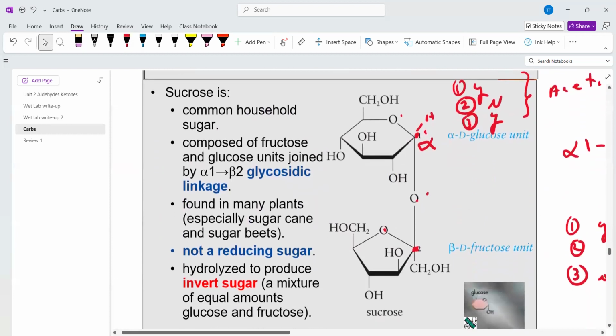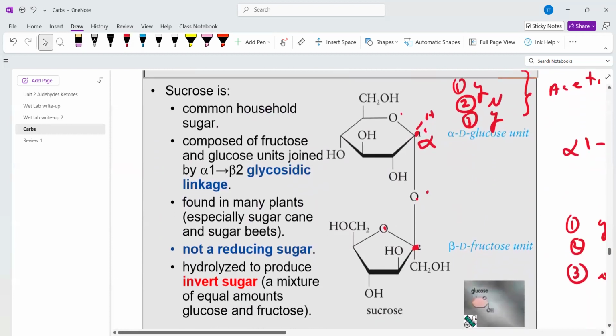And the third disaccharide you need to know is sucrose. Now, sucrose looks really different. Okay. Sucrose has got a glucose and a fructose monosaccharide linked together here.